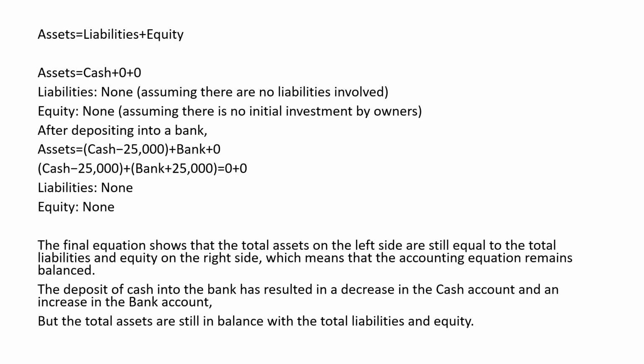The final equation shows that the total assets on the left side are still equal to the total liabilities and equity on the right side, which means that the accounting equation remains balanced. The deposit of cash into the bank has resulted in a decrease in the cash account but an increase in the bank account. But the total assets are still in balance with the total liabilities and equity.